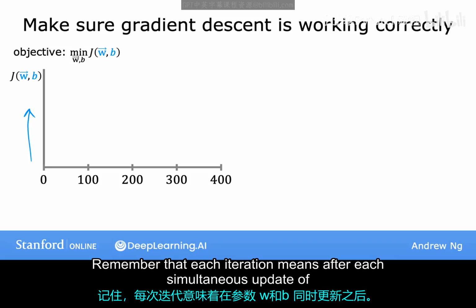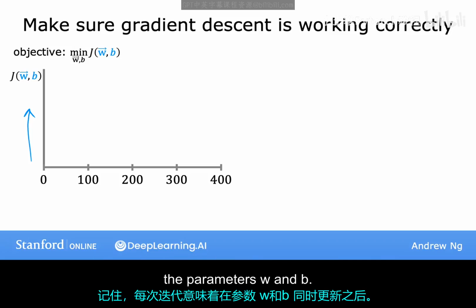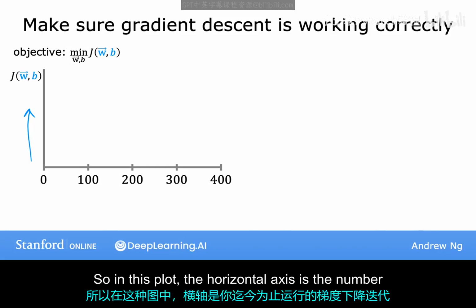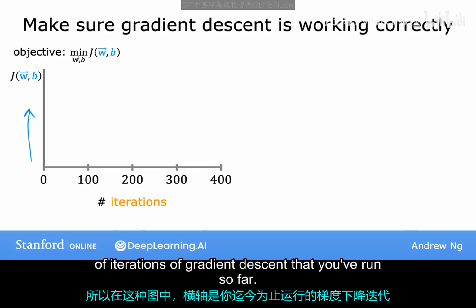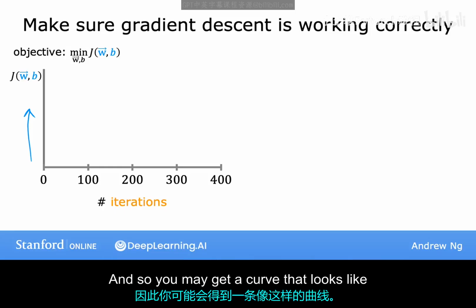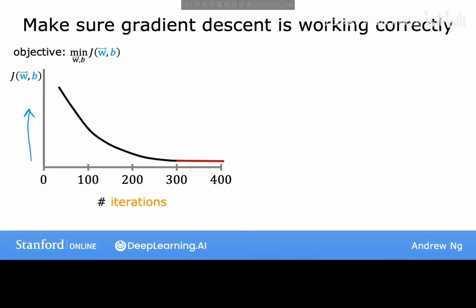Remember that each iteration means after each simultaneous update of the parameters w and b. So in this plot, the horizontal axis is the number of iterations of gradient descent that you've run so far. And so you may get a curve that looks like this.